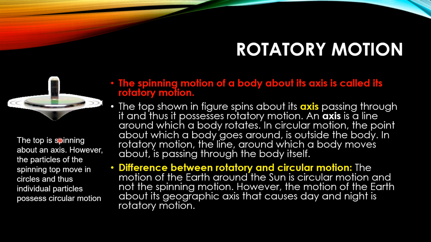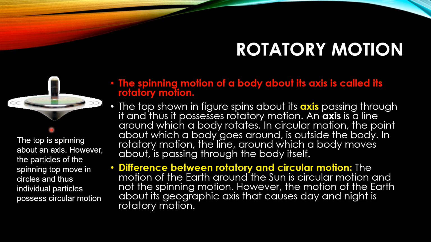So, for the difference between rotatory and circular motion, the biggest example is the motion of the earth around the sun. It's circular motion and not spinning motion. However, the motion of the earth about its geographic axis that causes day and night is rotatory motion. So, in this case, we have both examples, circular and rotatory.